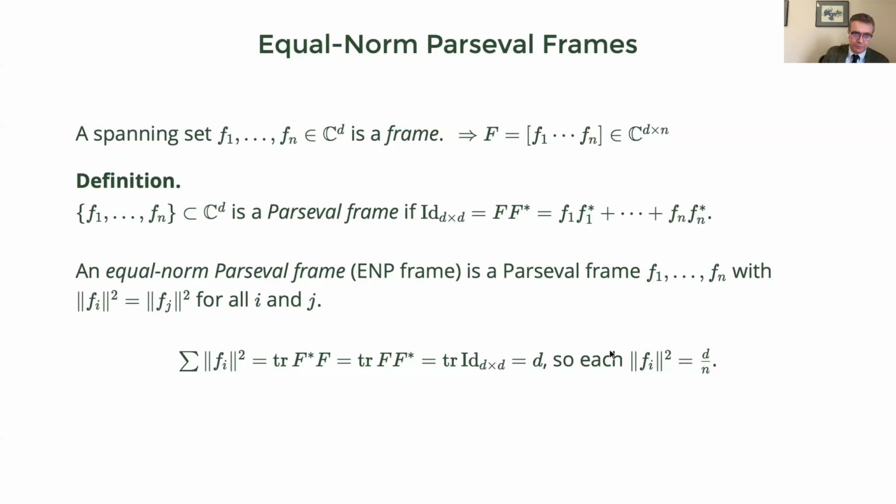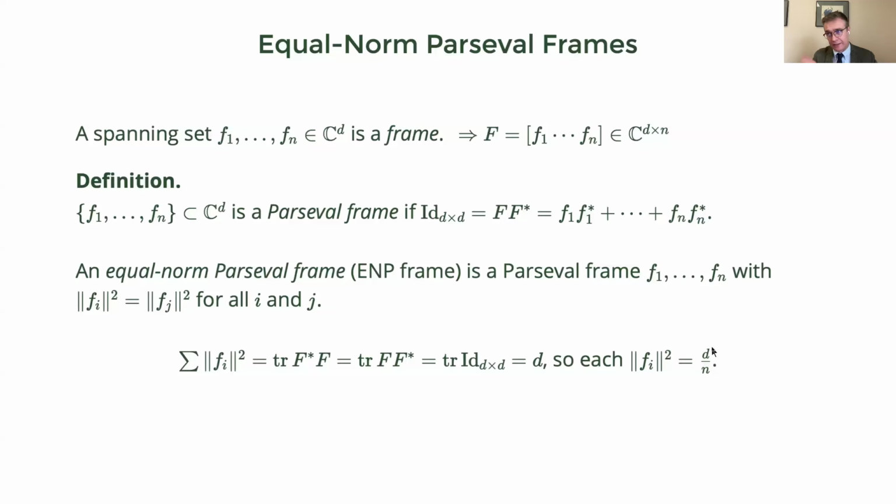And if you want to be both Parseval and equal norm, then using the cyclic invariance of trace, the sum of the squared norms of the columns is the trace of the Gram matrix, but that's the same as the trace of the frame operator, which if it's Parseval is the identity matrix, and so the trace of the identity is equal to D, and there are n frame vectors, so these squared norms all have to be equal to exactly D over n.